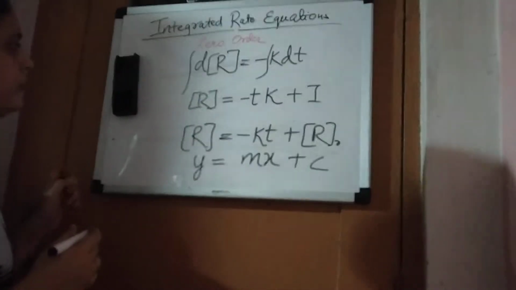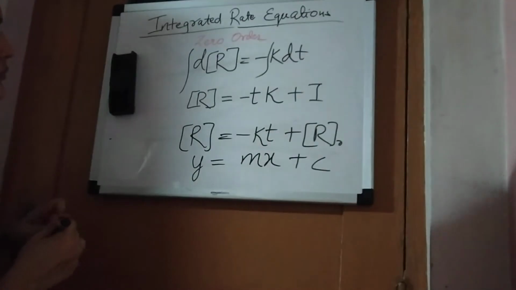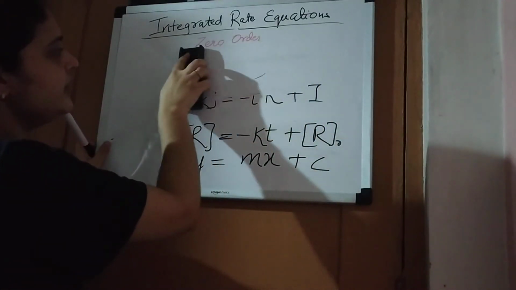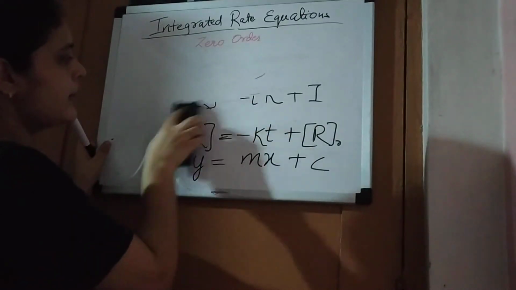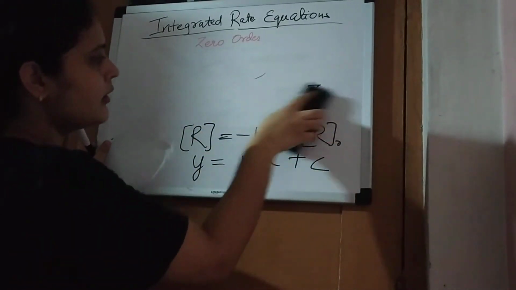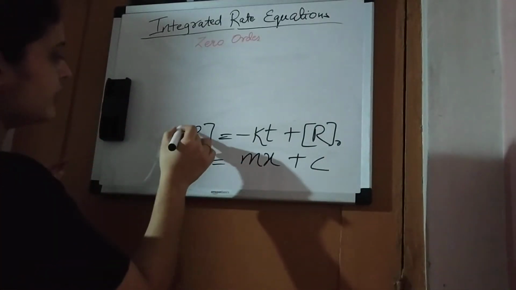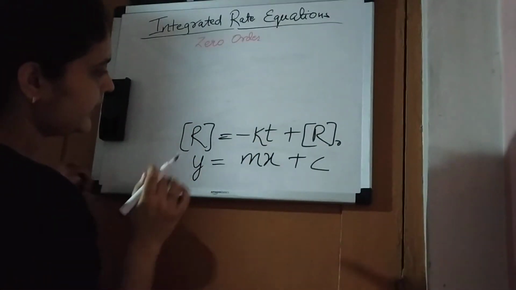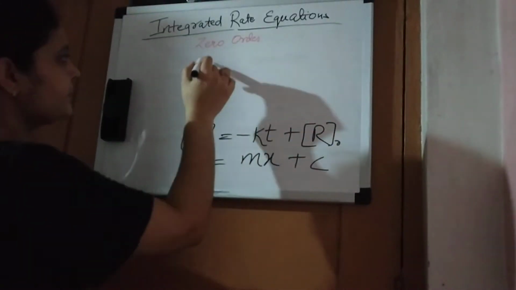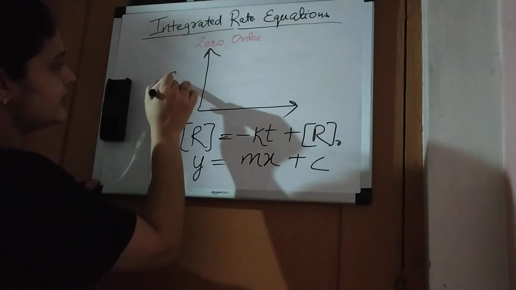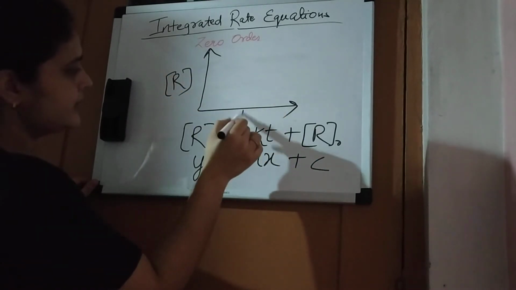When you draw the graph between concentration of reactant and time, for example, this is the concentration of reactant and this is time.